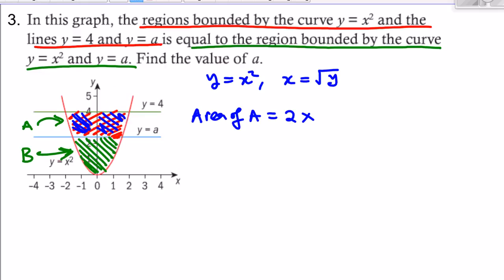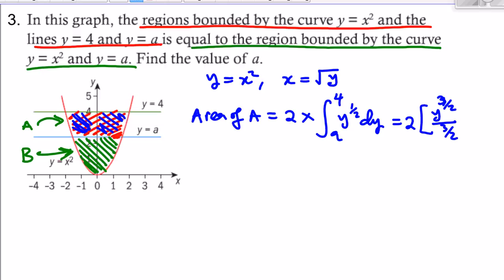Okay, so 2 multiplied by the integral from a to 4 of y to power a half dy, which will be equal to 2 in bracket y to power 3 over 2 over 3 over 2.